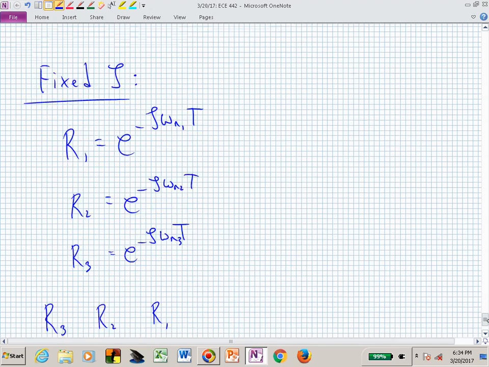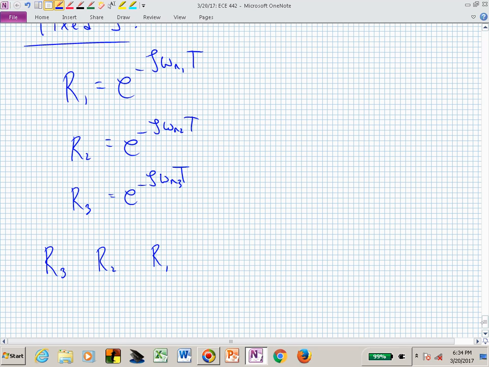T and zeta are fixed. How is r sub 3 related to r sub 2? Omega sub n3 is bigger than omega sub n sub 2. So the exponent is a bigger value with a negative in front of it, right? So now R3 is less than R2 is less than R1.